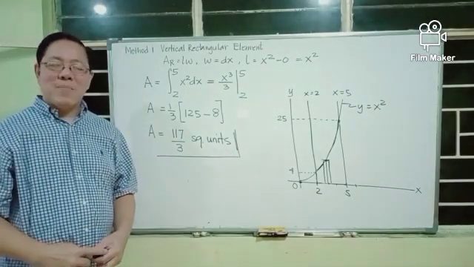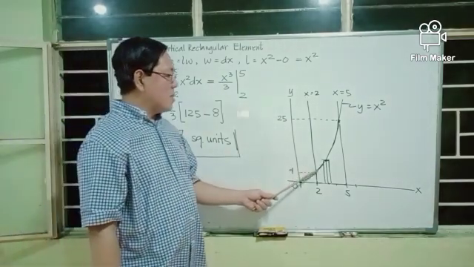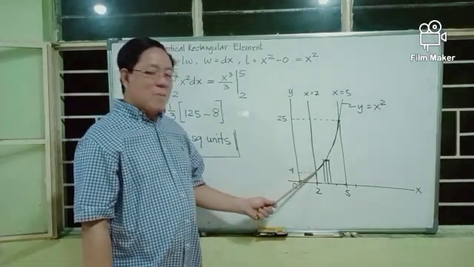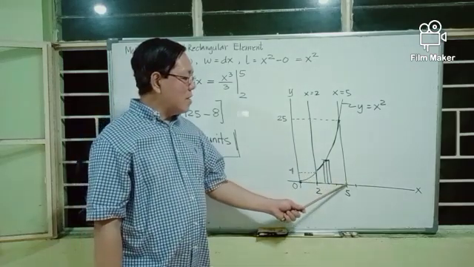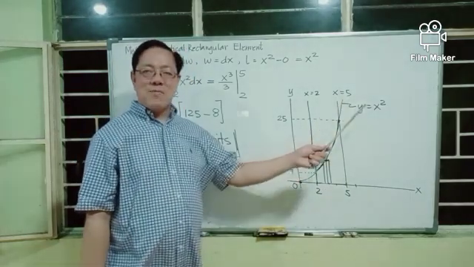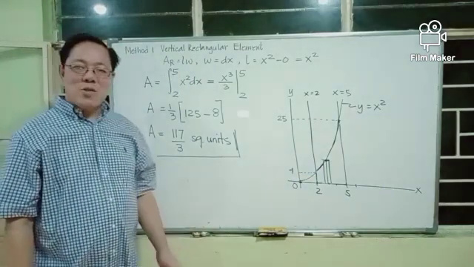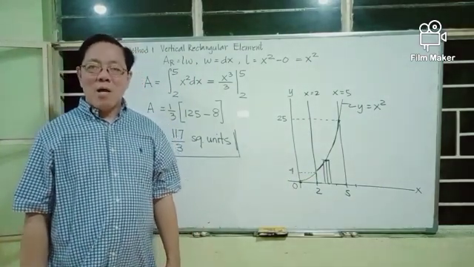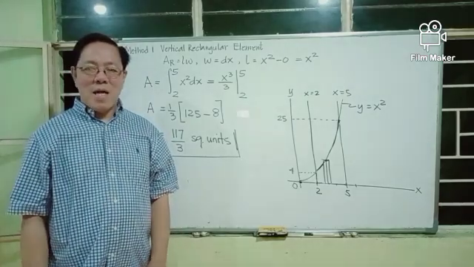And this is the area bounded by this part of the parabola, this part of the x-axis, this part of the line x equals 2, and this part of the line x equals 5. And we will now check this answer using the second method by taking a horizontal rectangular element.